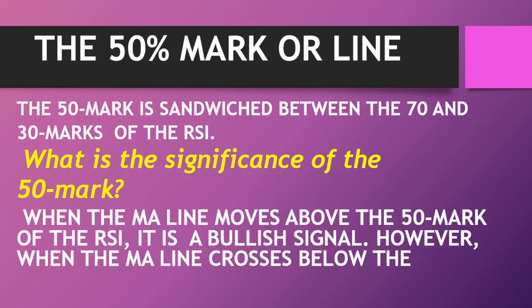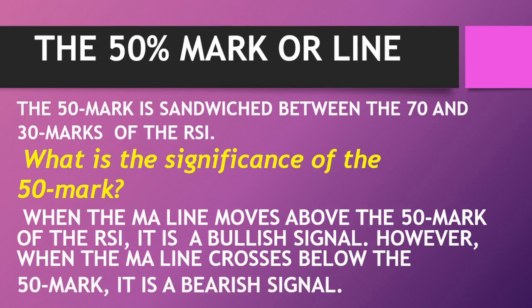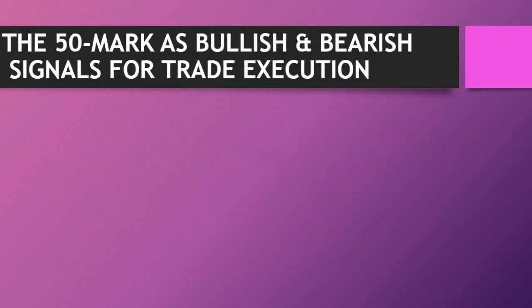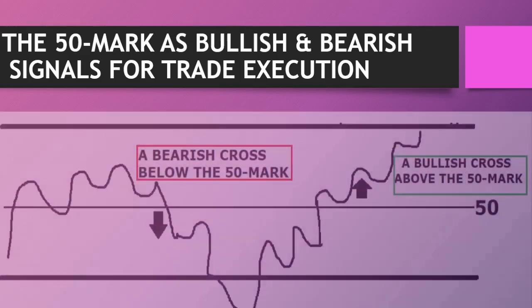However, when the MA line crosses below the 50 mark, it signals a bearish price move or market condition. The 50 mark or 50% line has bullish and bearish signals for trade execution.